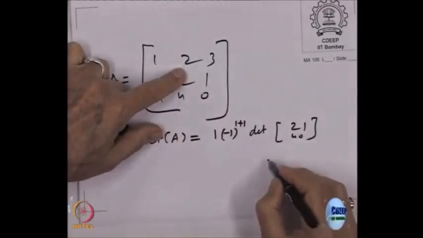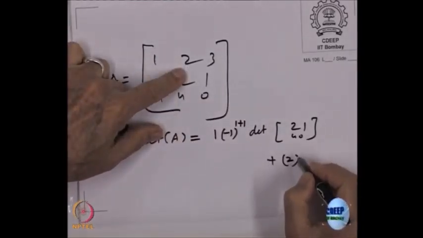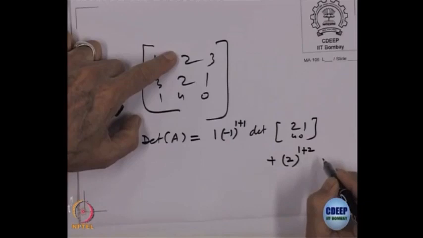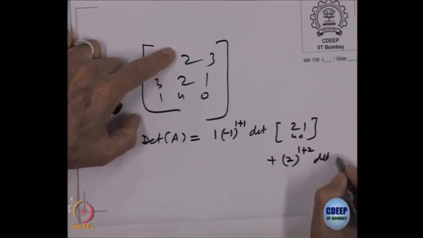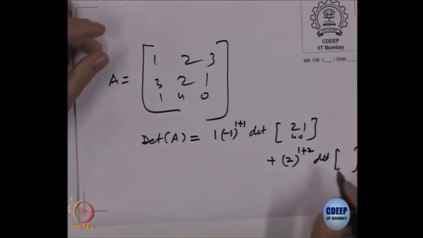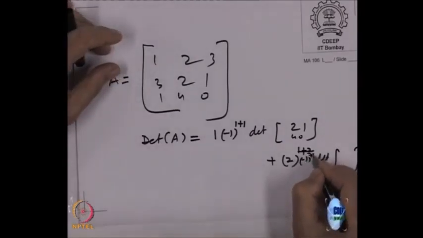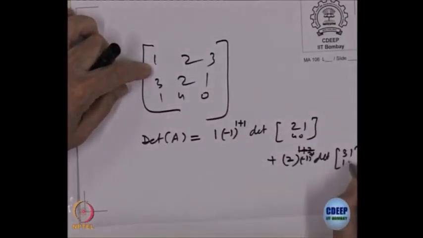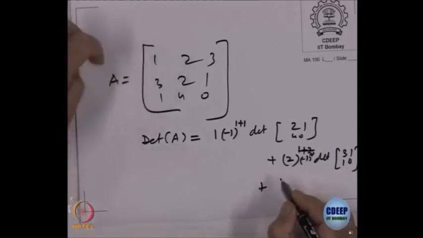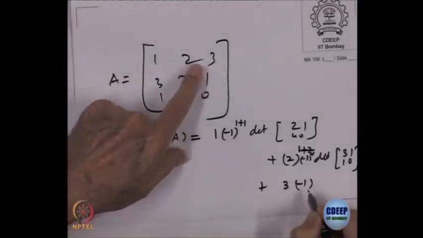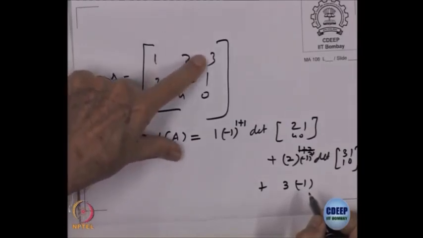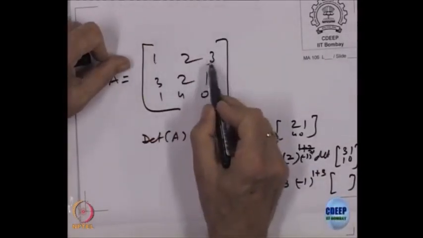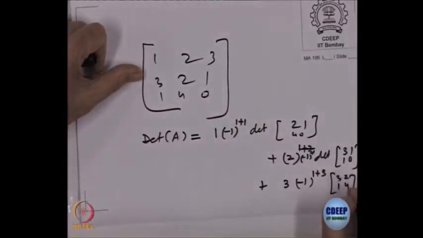Next one 2, so plus 2 multiplied by minus 1 raised to power 1 plus 2 into determinant of, that row is gone, that column is gone, it is 3 1, 1 0, plus the next coefficient is 3 multiplied by minus 1 raised to power first row third column, that row is gone, that column is gone, it is 3 2, 1 4, right.